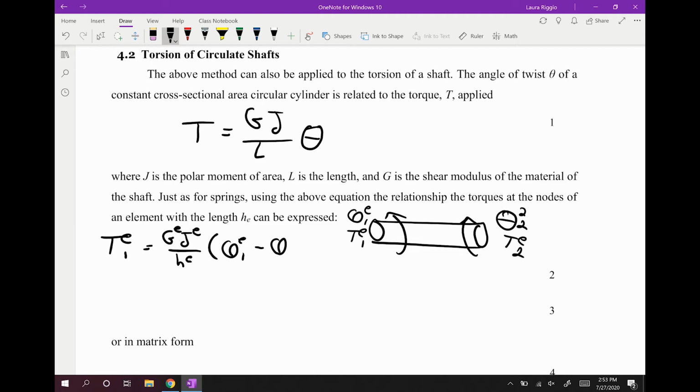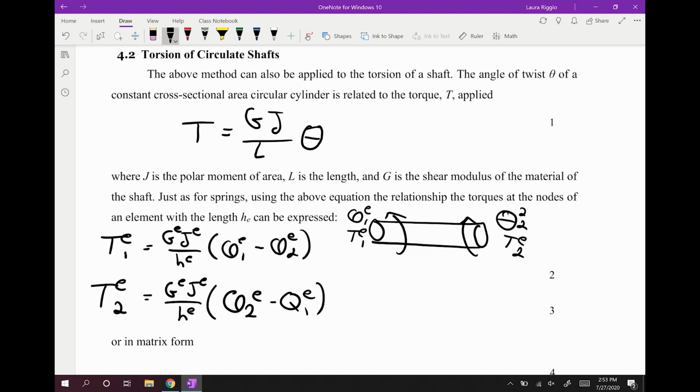Those are thetas, I know. Just bear with me, they're thetas. Our torque at end 2 would still be GJ over h times our relative displacement of our two ends.